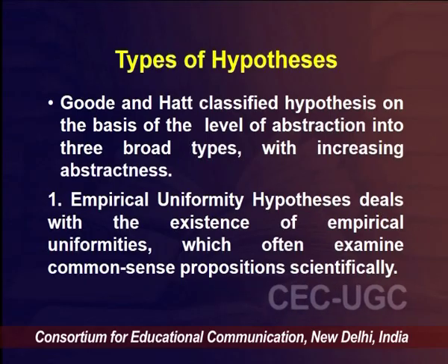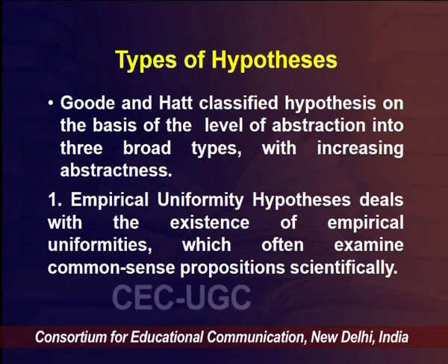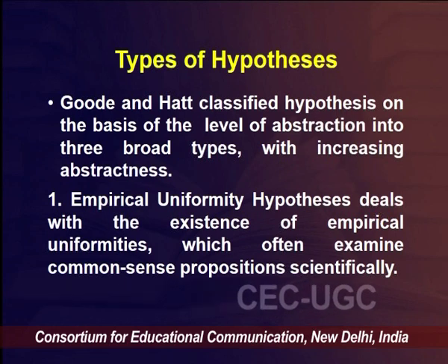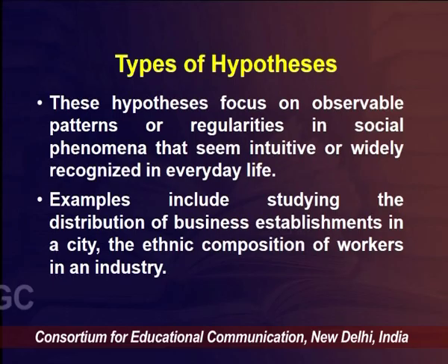The first type of hypothesis is the empirical uniformity hypothesis, which deals with the existence of empirical uniformities, which often examine common sense propositions scientifically. These hypotheses focus on observable patterns or regularities in social phenomena that seem intuitive or widely recognized in everyday life.